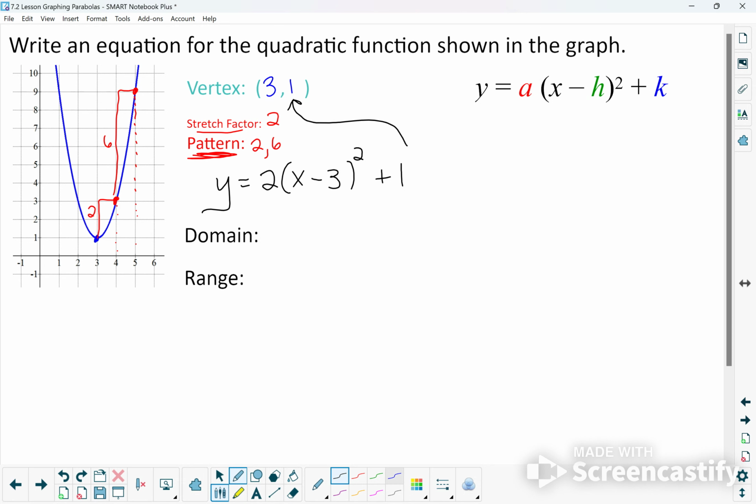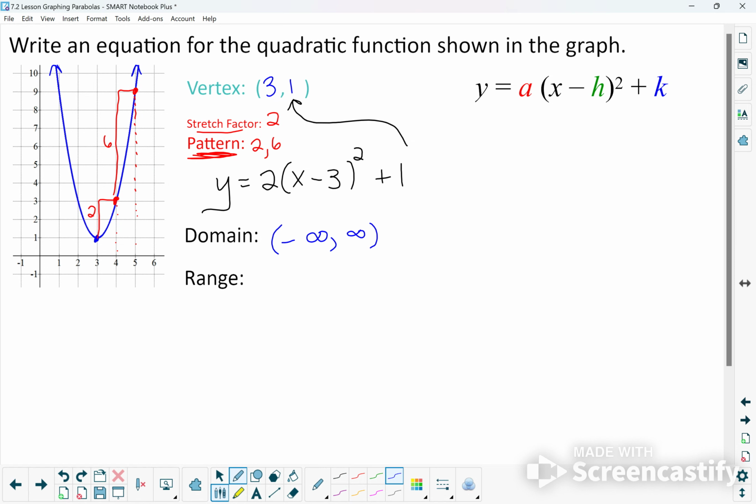Okay, so for domain and range, parabolas, sometimes people get a little bit confused about the domain of parabolas because they don't go out to the left and to the right as quickly as an absolute value function, but they do still have a domain of negative infinity to infinity.